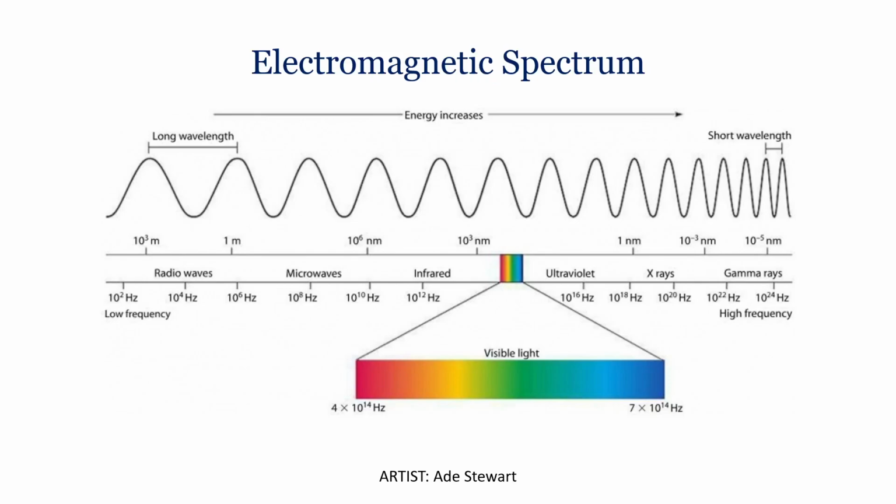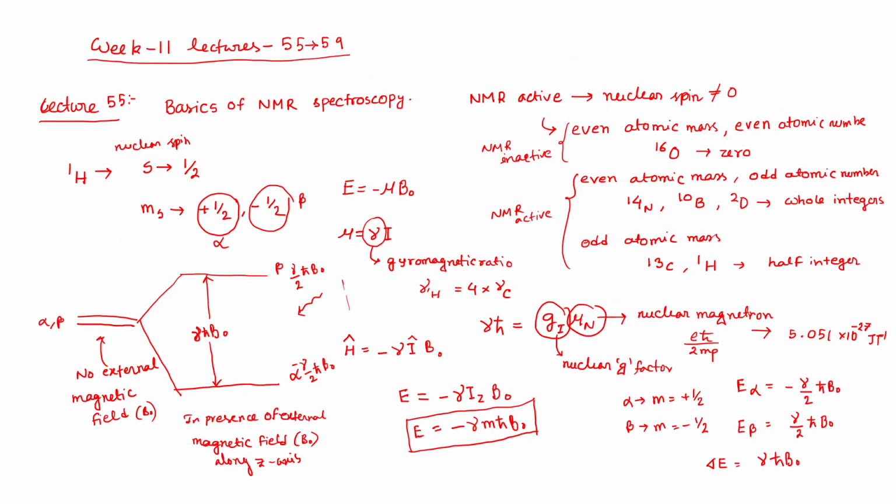Okay, so let's start. Let's recapitulate: last week we covered the basics of NMR spectroscopy, where NMR activity will be there for those nuclei for which the nuclear spin is non-zero. For nuclei with even atomic mass and even atomic number, like 16O or 12C, the nuclear spin is zero, so that is NMR inactive.